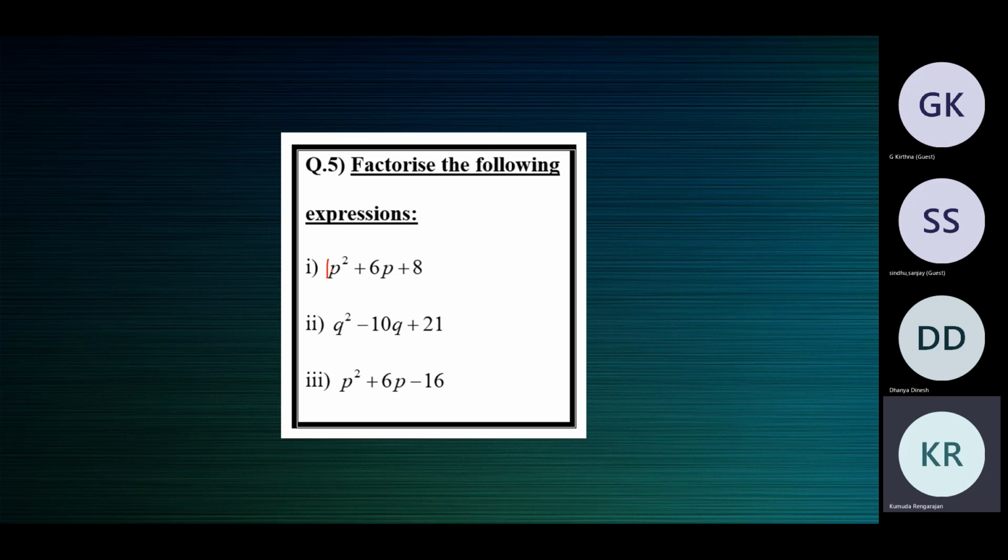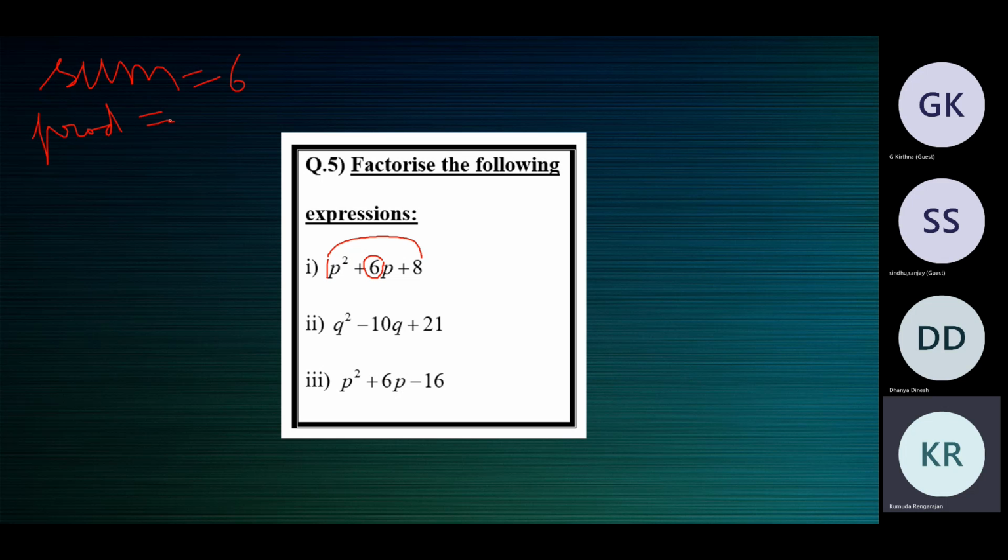I told you the order: p square, p and then the constant. The coefficient of the p term is the sum, and the product of the remaining two coefficients, 1 into 8, is 8. So the sum is 6 and the product is 8.